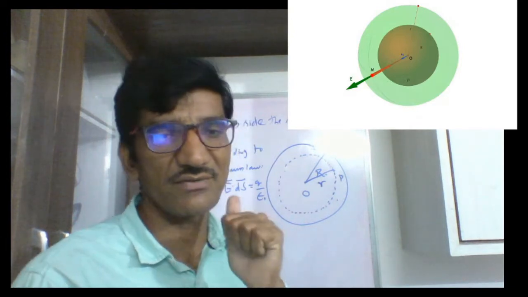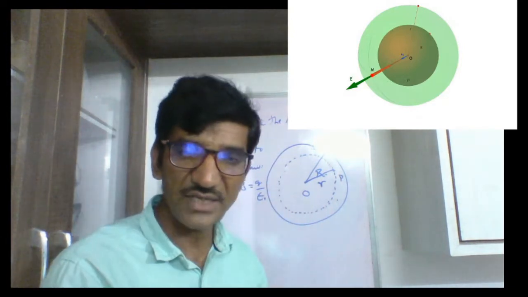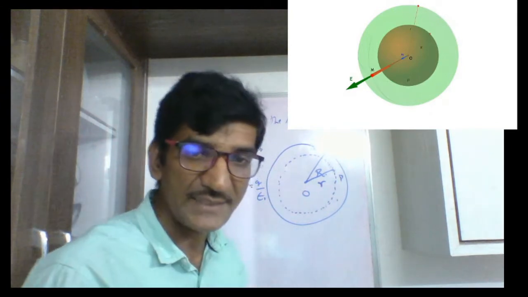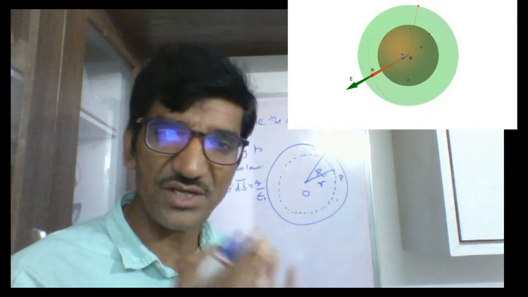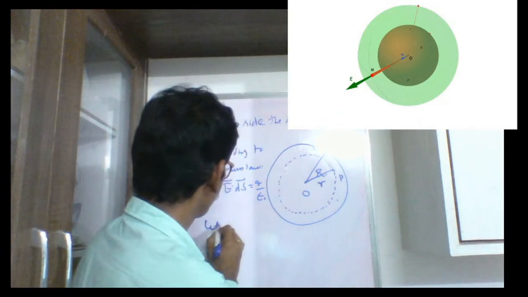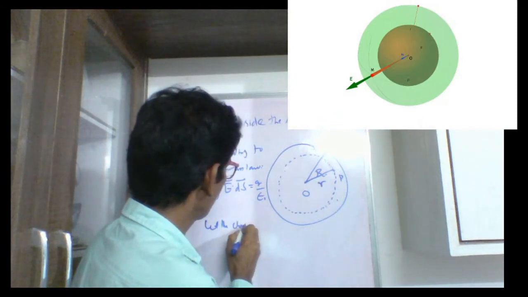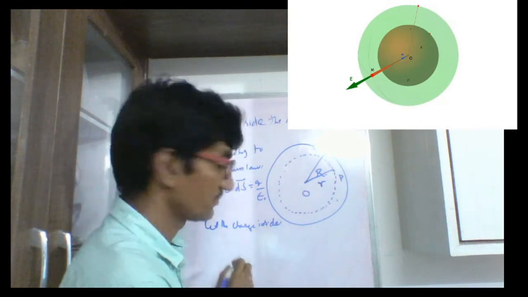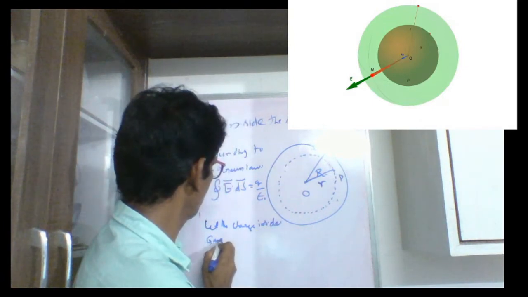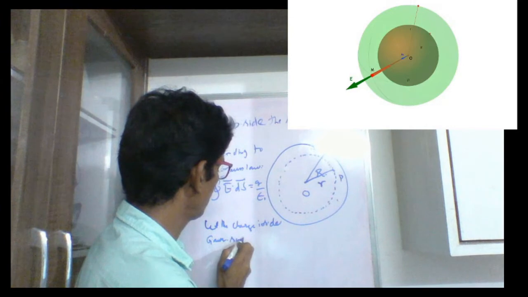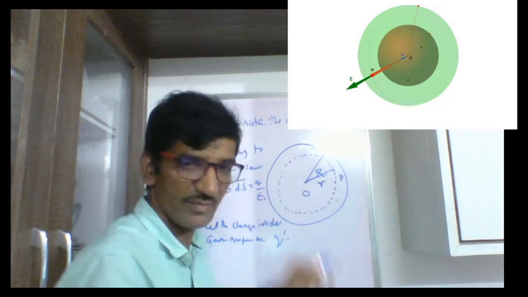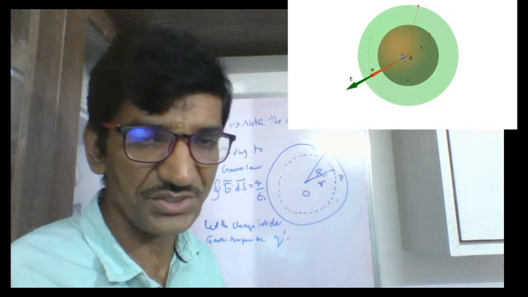Let us call the charge inside Gaussian surface B Q prime, because it is not Q.